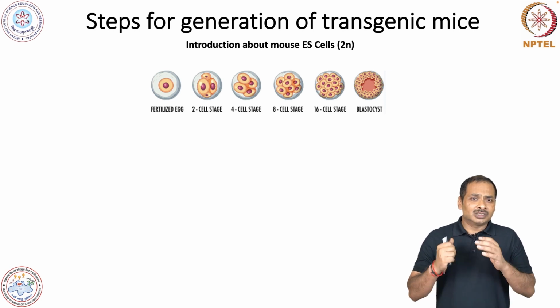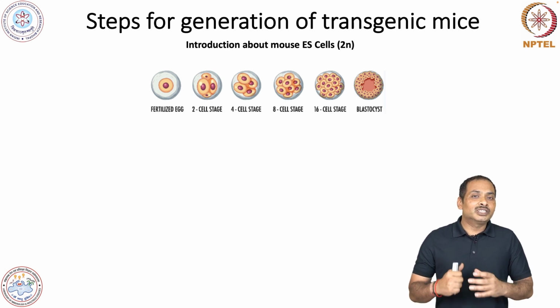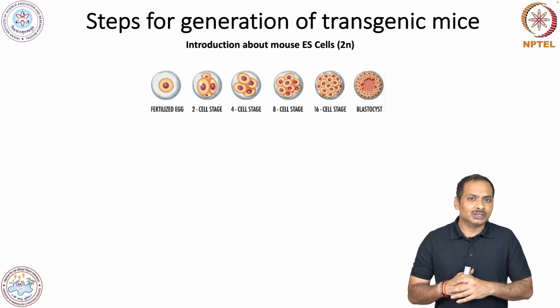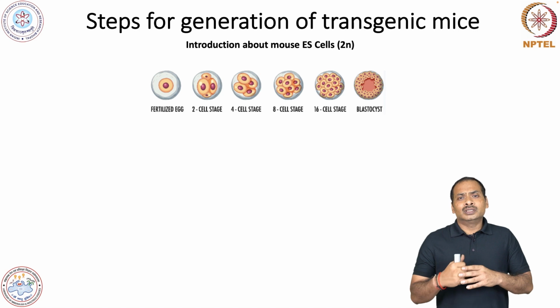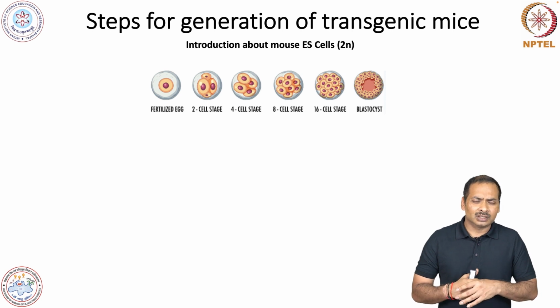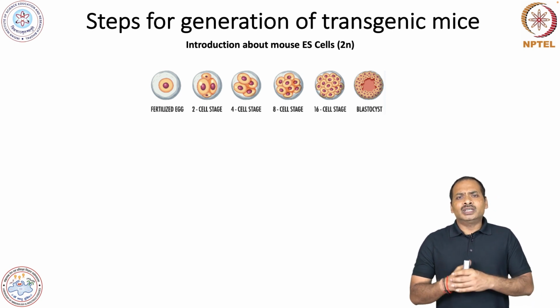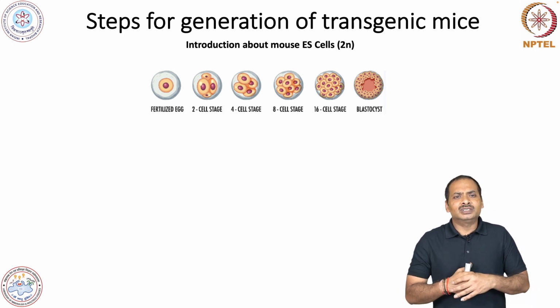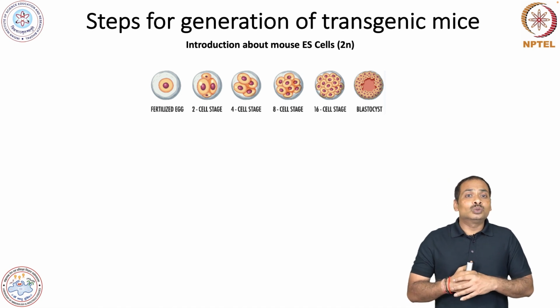Please remember, this is most important, to keep these embryonic stem cells undifferentiated. Then we grow them in larger numbers and perform all the molecular experiments. Before that, once you have embryonic stem cells, you need to plan how to target your gene.